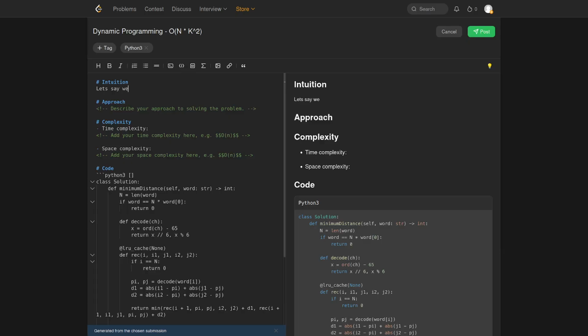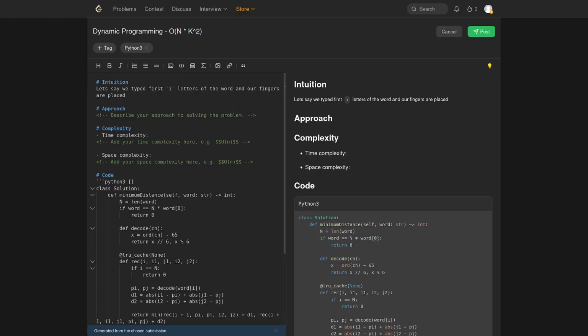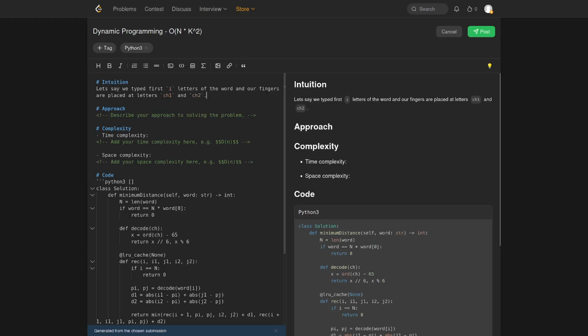Let's say we typed the first I letters of the word and our fingers are placed at letter char 1 and char 2.